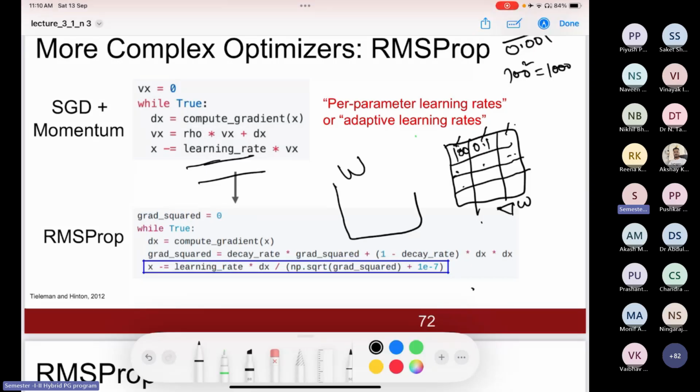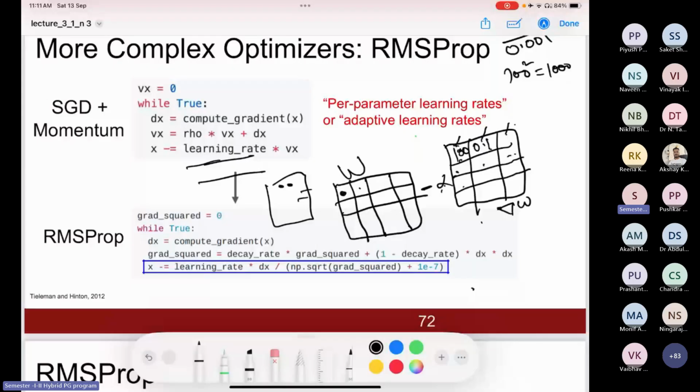W has the same dimension, and then you apply minus alpha times this, and you change it element wise. Your W is getting changed element wise. So minus alpha into 100 will give you one new value in the W. Similarly, minus alpha times this will give you another value in the W, and so on. That is your new W. It's happening element wise.